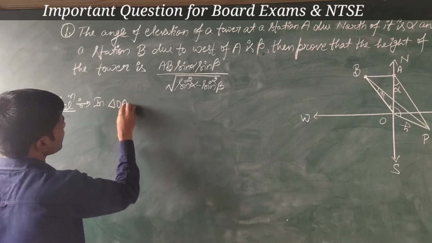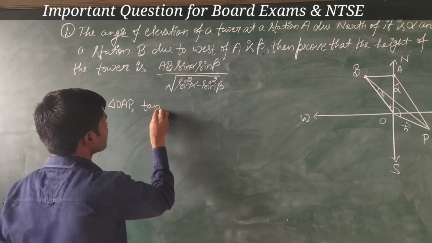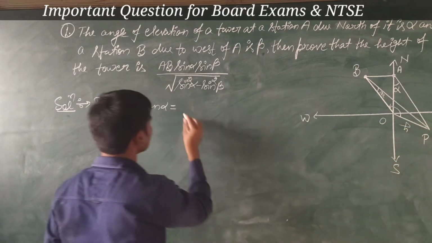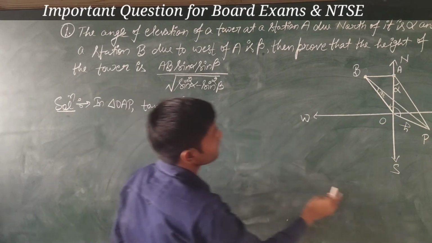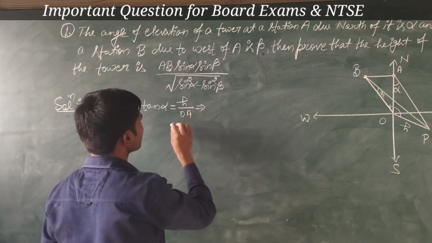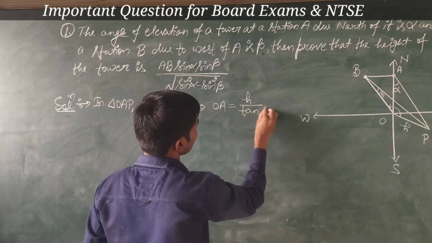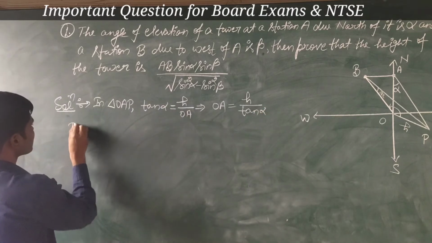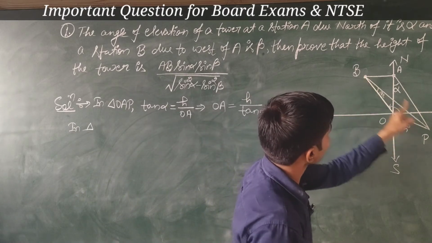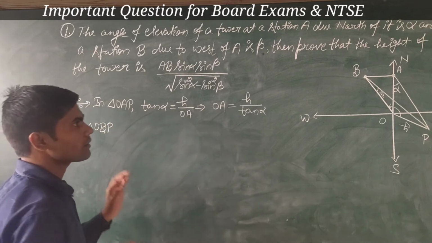In triangle OAP, we have angle alpha. So tan alpha is equal to perpendicular upon base. Perpendicular is OP, which means h, upon base OA. We can also write OA is equal to h upon tan alpha. Now we will take the second triangle, OBP, which is also a right angle triangle.